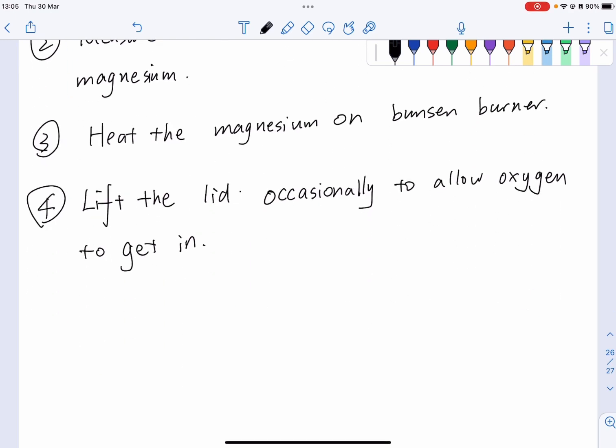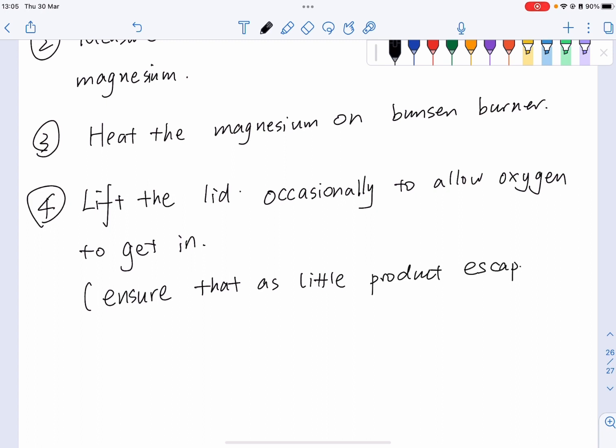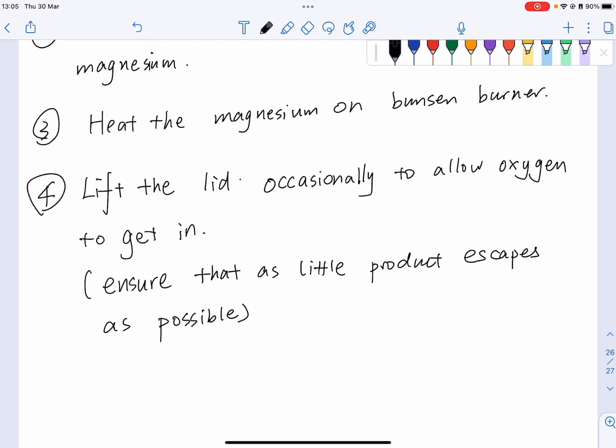In this process, we have to ensure, or make sure, it's exactly the same, that as little product escapes as possible. So this will be the fourth step.